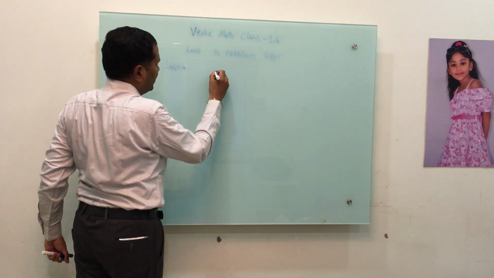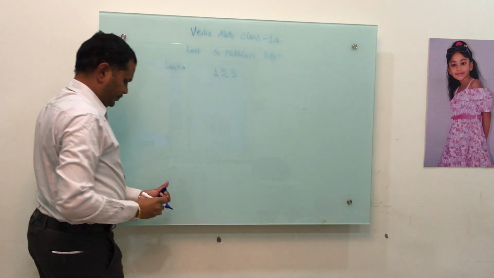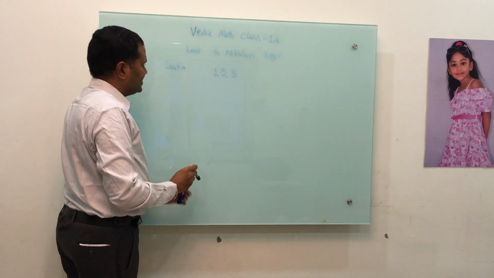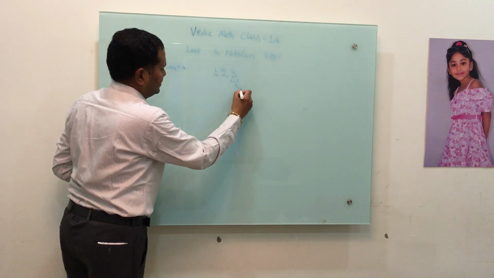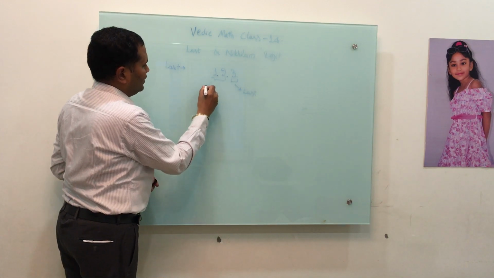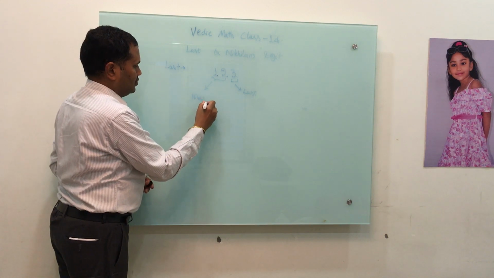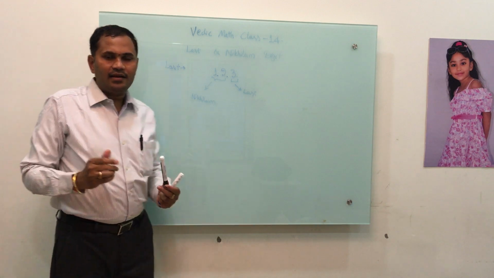Suppose you are given a number, 1, 2, 3. Which is the last digit in this? 3 is the last digit. And 1 and 2 are Nikhilam digits.